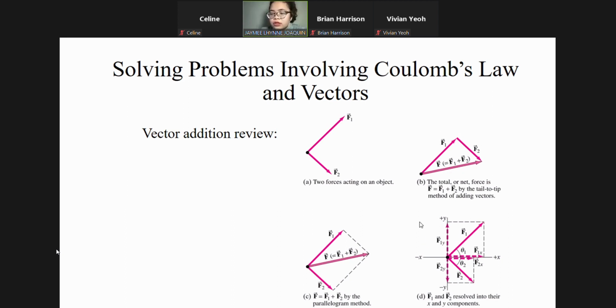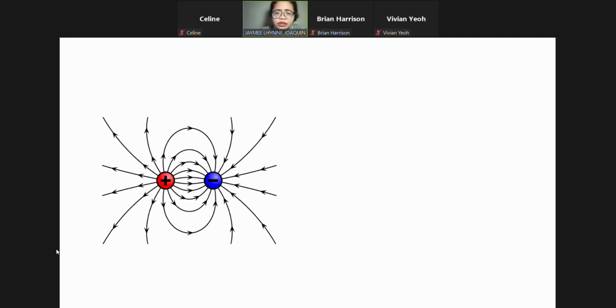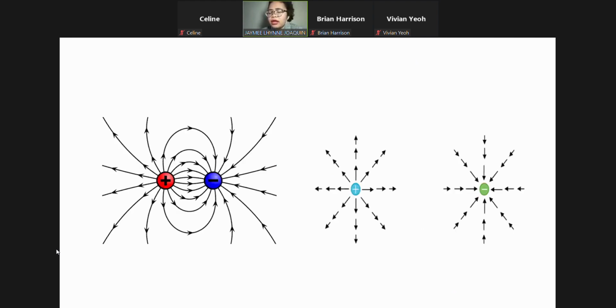Okay, so let's continue. So can anyone identify what this picture is? The electric field lines. Electric field. Very good. So Brian said that this is an electric field. So basically, this picture shows electric field.